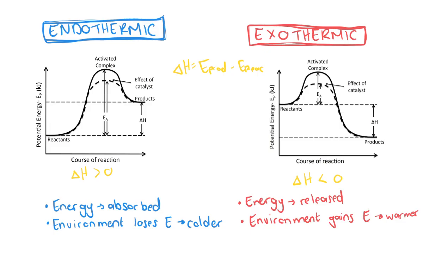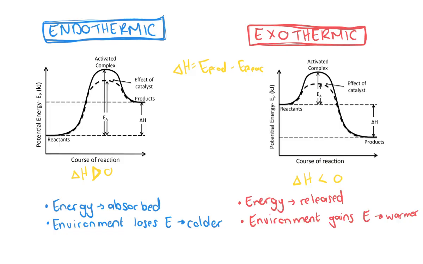So a way that I remember which one is which, when is delta H greater than 0, does that mean it's endo or exo? I remember endo, so that looks like a D. So if my delta H is greater than 0, it's an endothermic reaction.